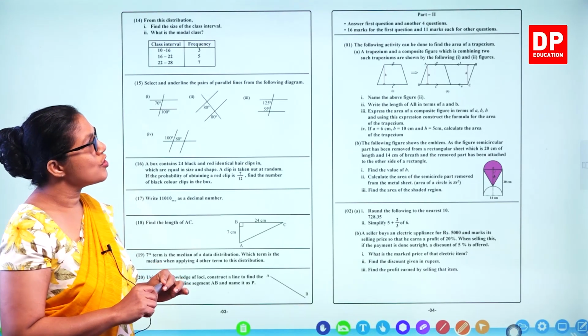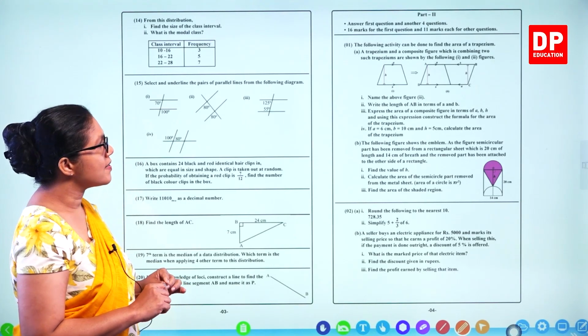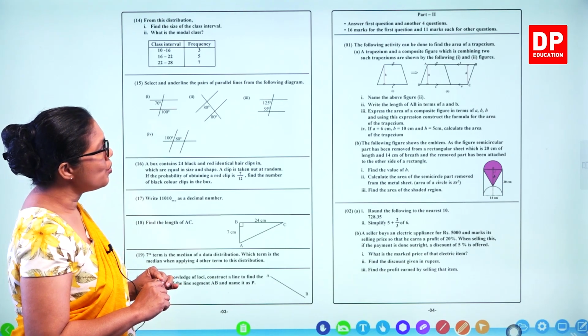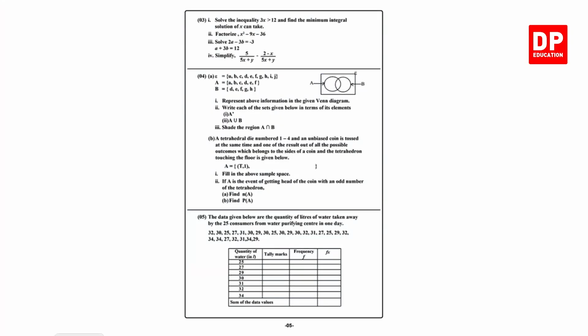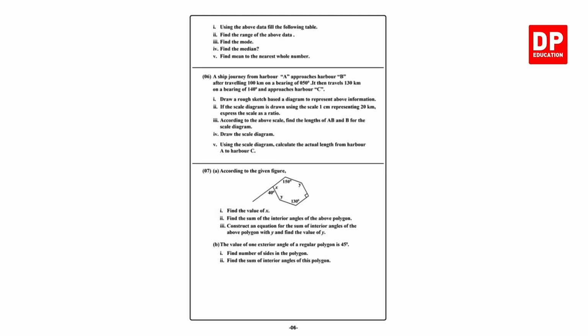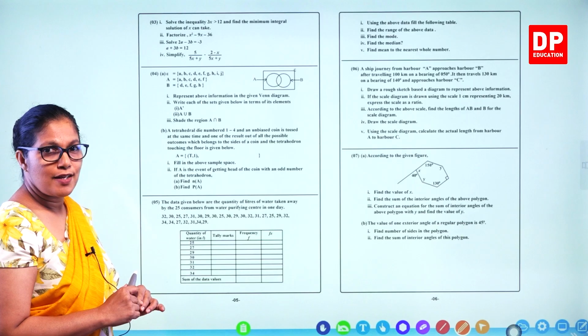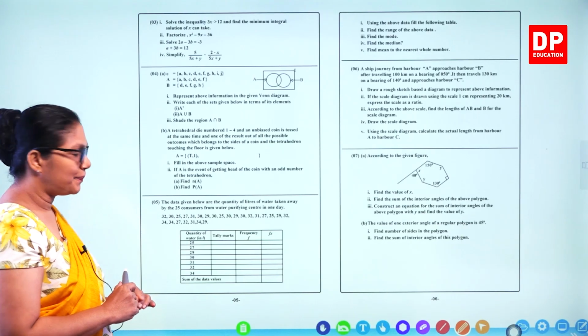Each question is worth 11 marks. You get questions 1 and 2, then on the next page questions 3, 4, 5, and on the last page questions 6 and 7. So let's do this paper.